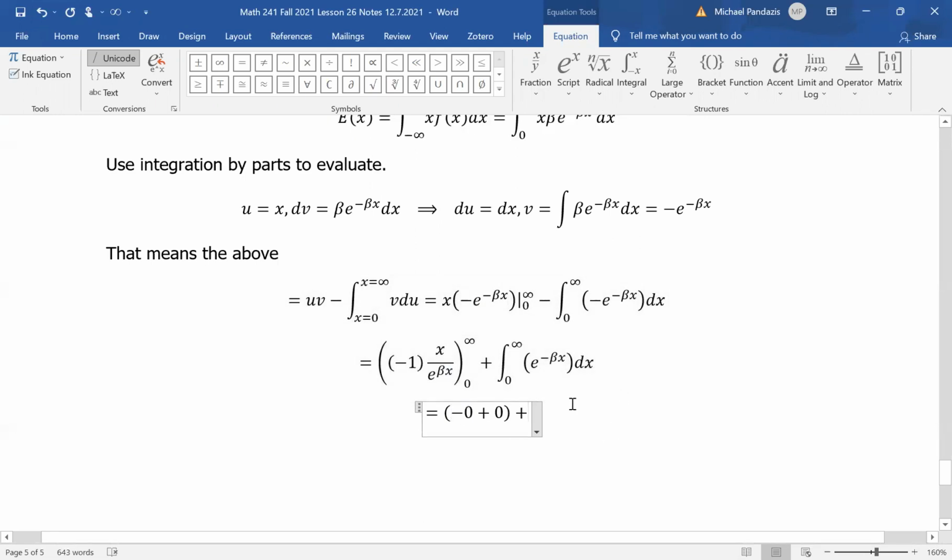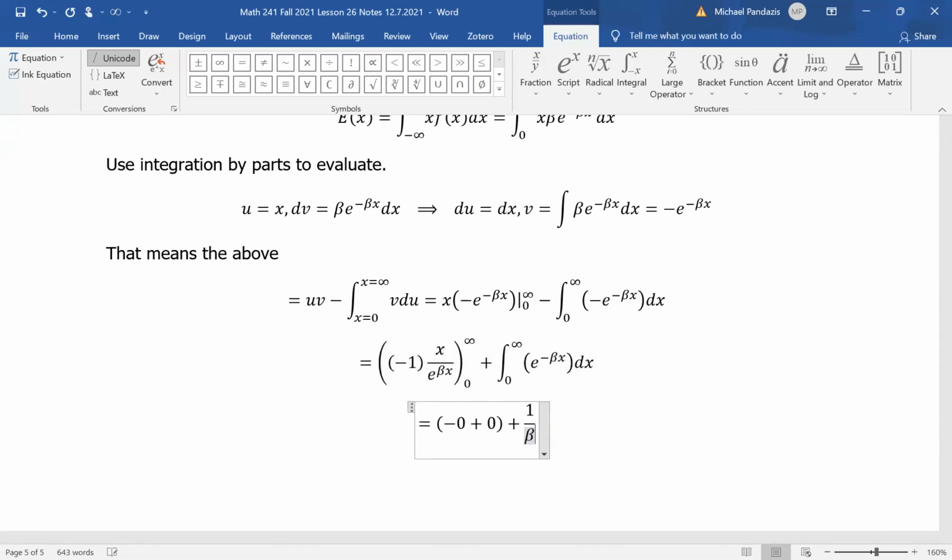And so when you use substitution on this, you get negative 1 over beta times e to the negative beta x. This is evaluating that indefinite integral. And so you evaluate this from 0 to infinity, and this is equal to the 0, doesn't matter.